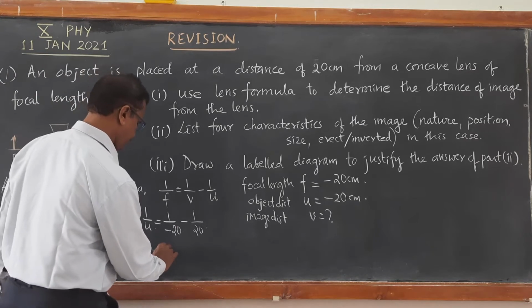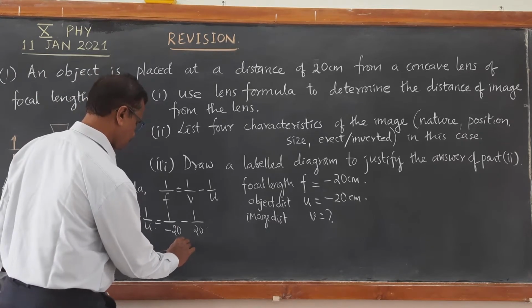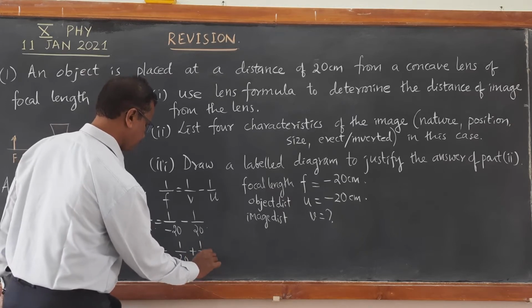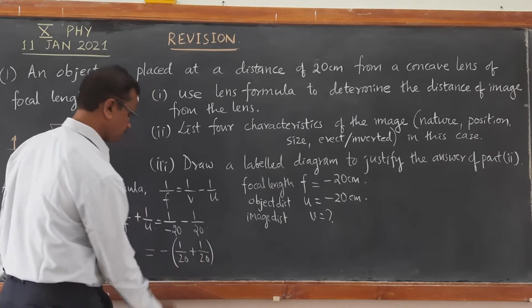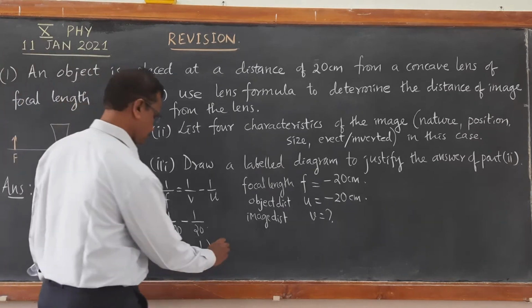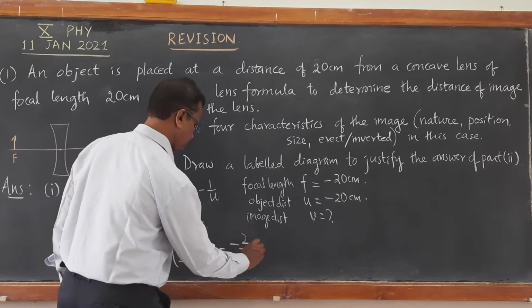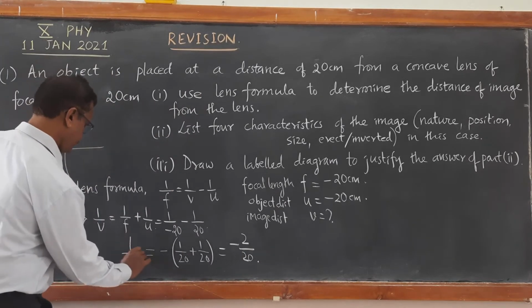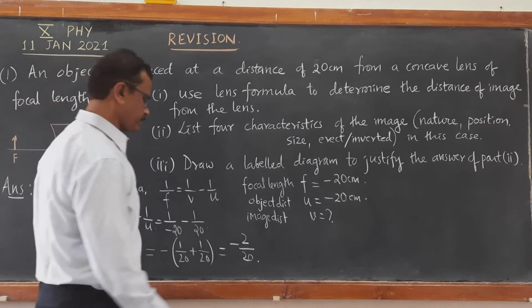If you take out the minus, it becomes 1 by 20 plus 1 by 20, that is minus 2 by 20. So this implies 1 by v is equal to minus 2 by 20.